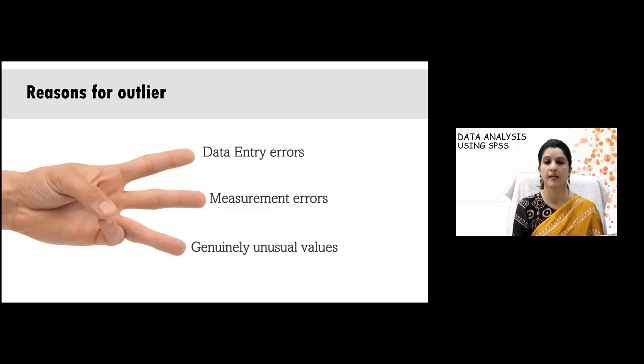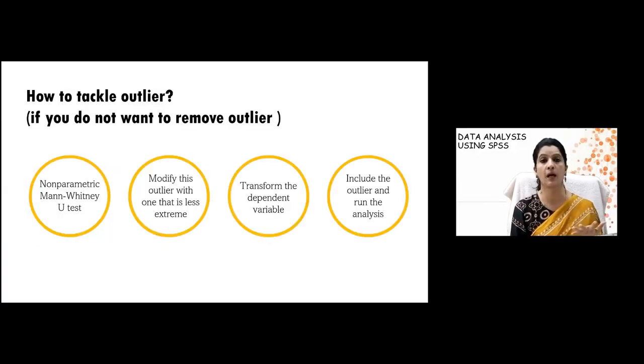Normally, if you want to keep the outlier, there are various ways. If there are many outliers, definitely you need to apply a non-parametric test, the non-parametric counterpart of the independent sample t-test, which is the Mann-Whitney test.